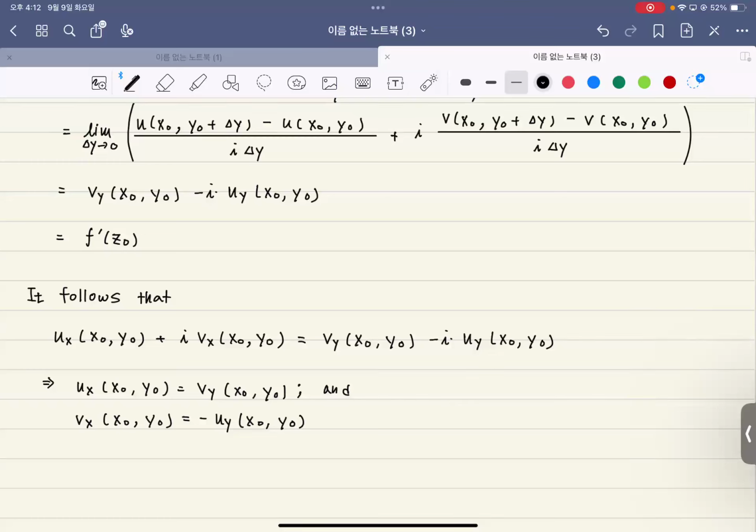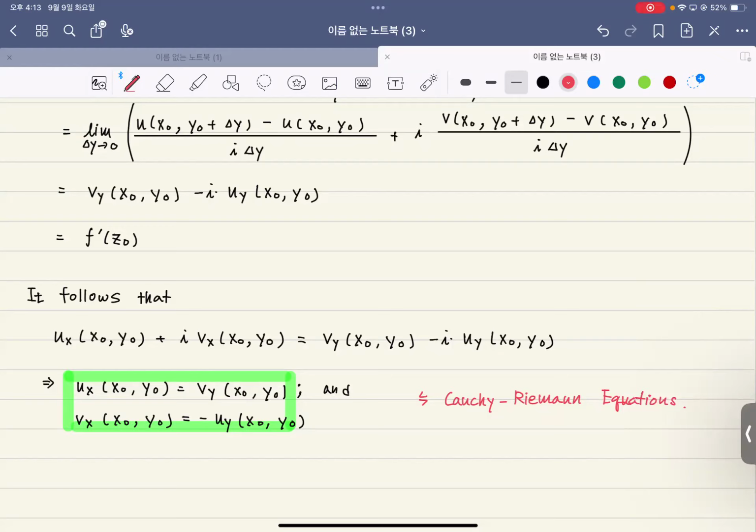Okay. So these two conditions are called the Cauchy-Riemann equations. This is the first criterion that gives us the difference between real and complex differentiability.